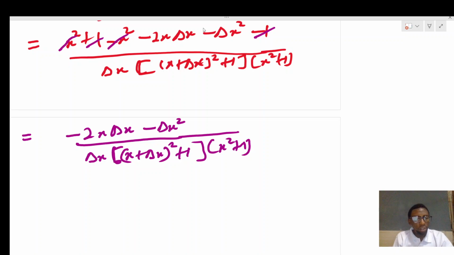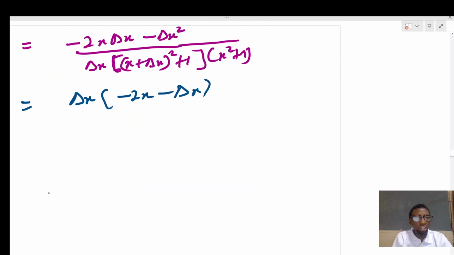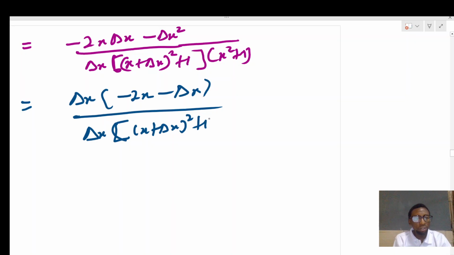So if I factorize the up part, I bring delta x out: delta x bracket minus 2x minus delta x, divided by delta x, square bracket x plus delta x all squared plus 1, then bracket x squared plus 1. So this can cancel this.